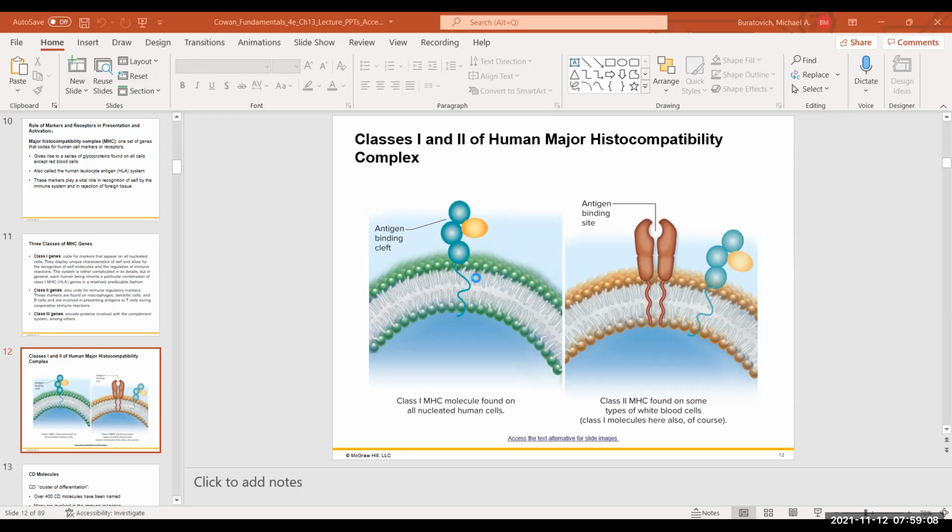None of the other cells will have them. So special cells have these. All nucleated cells have these. So will red blood cells have these? No, because they're not nucleated. Will platelets have these? No, they're not nucleated. But all other nucleated cells will have these.